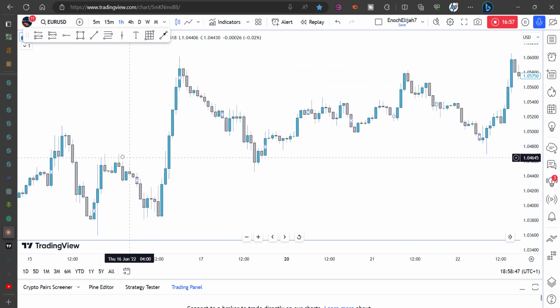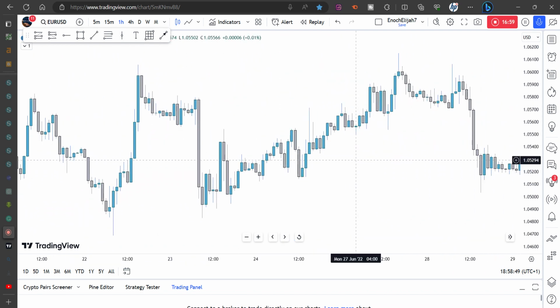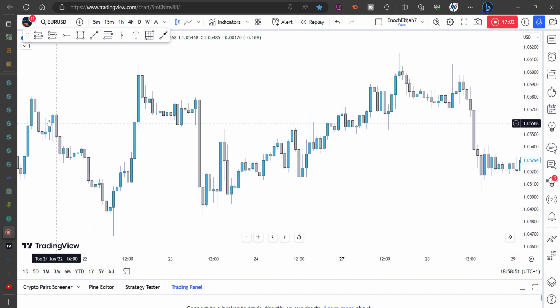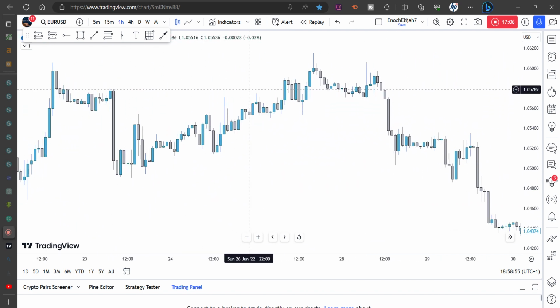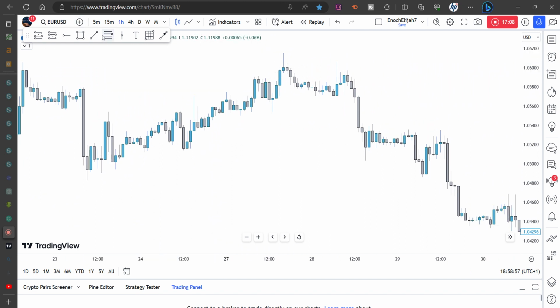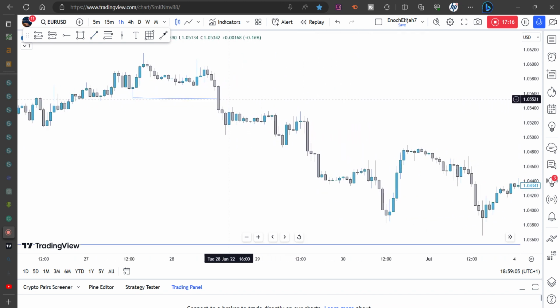Now we had this move, and then until we had this clear move, a break. Price did not retest the value gap here.